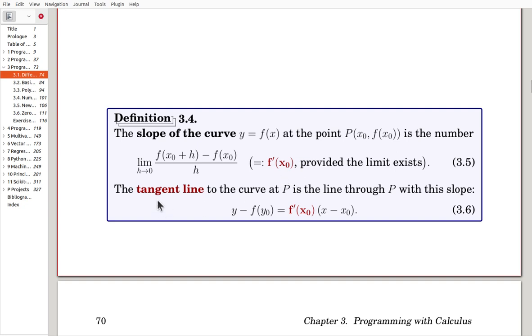So the tangent line to the curve at P is formulated this way: y minus f of x0. I'm sorry, there is a typo. Okay, y minus f at x0 equals f prime at x0 times x minus x0. This is the point-slope form of the line, right?